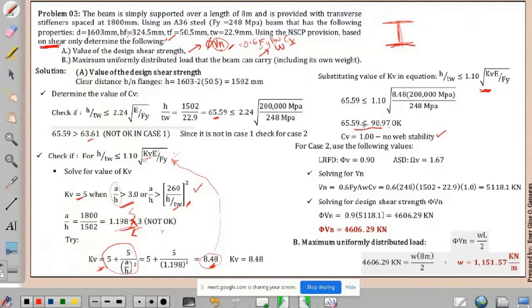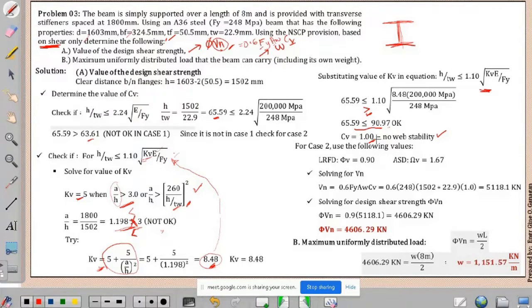If it does not pass here, for example your H over TW is greater than our limit of 1.1 times the square root of KV E over FY, check the second limit, which is 1.37 times the square root of KV E over FY. If it is larger, check the second condition. Since it is okay in case 2A, our CV is 1.0.